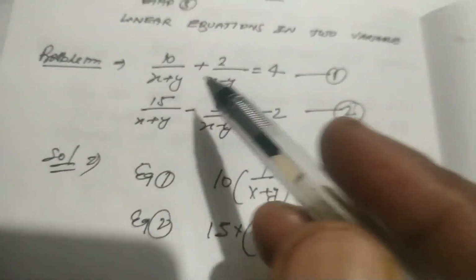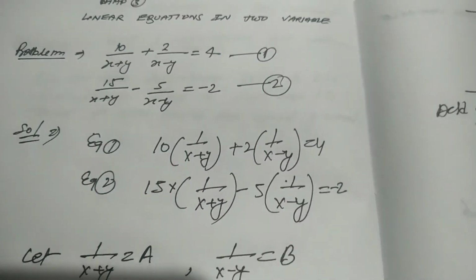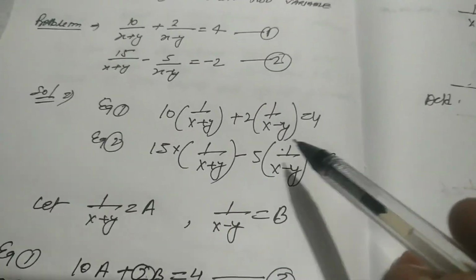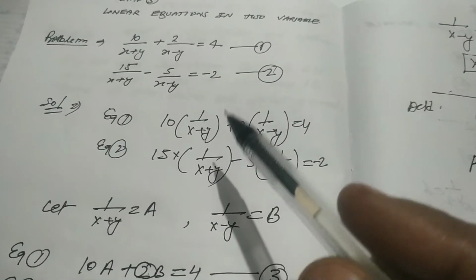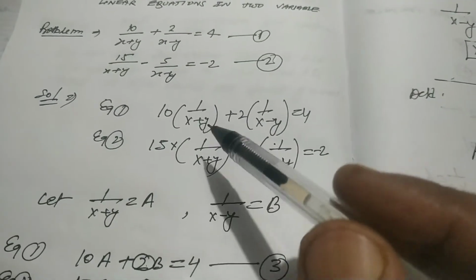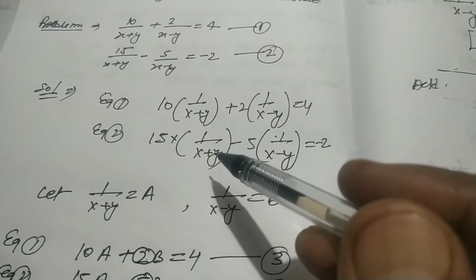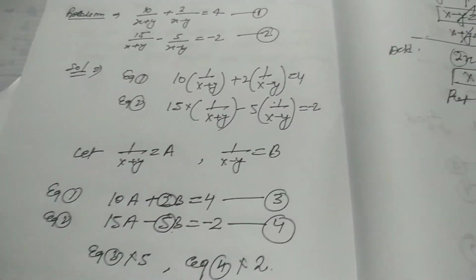Now look at this one. First we separated x plus y and x minus y, and we wrote 10 into 1 upon x plus y plus 2 into 1 upon x minus y, and the same thing for 15 and 5. Check that in both equations, 1 upon x plus y is the first term and 1 upon x minus y is the second term.